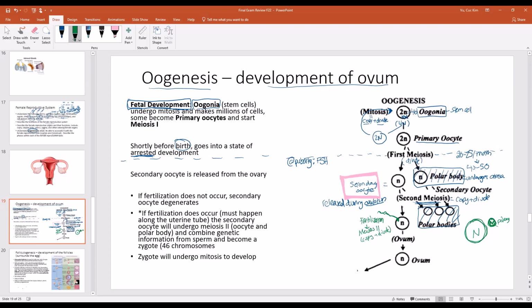Okay. So the secondary oocyte will go from one end and become what temporarily? 2N. Yep. And then it's going to spit out the other end, and that end will become another polar body. And now you have the N from female and the N from male.